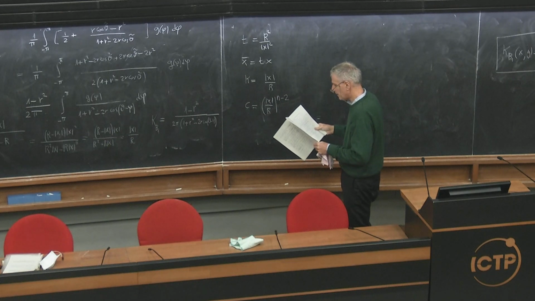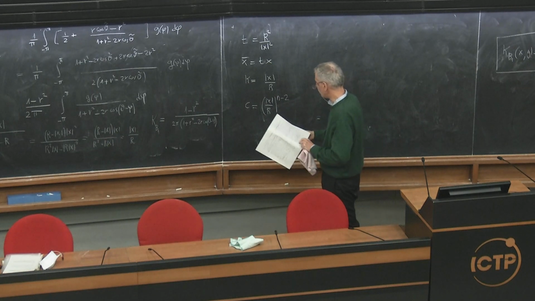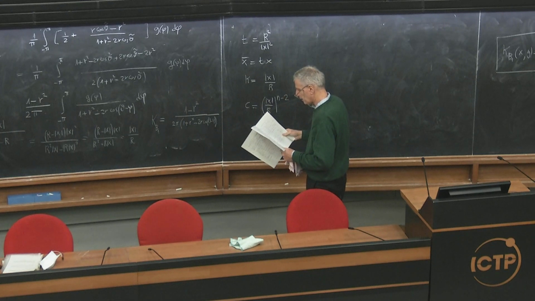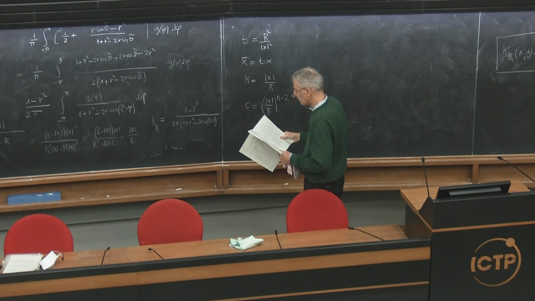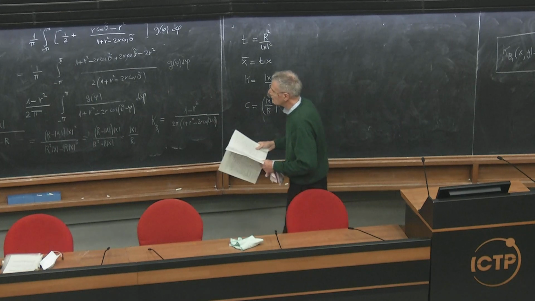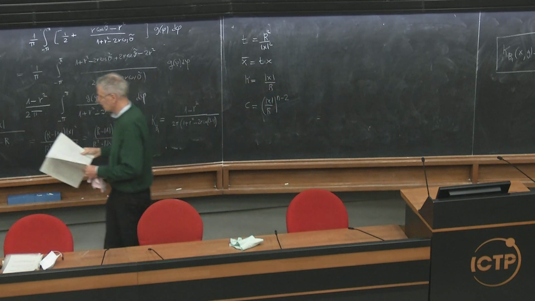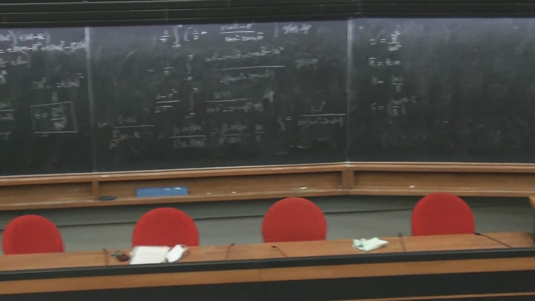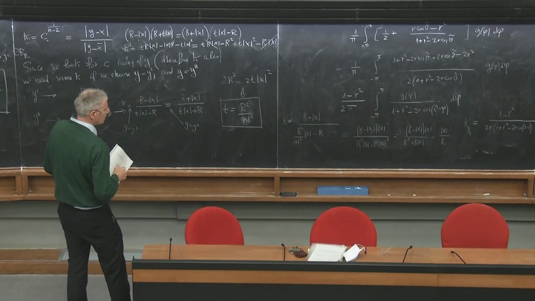Oh, I made a mistake. It seems that k is r over x again. R over x, not x over r. Why? Why did I make a mistake here? I inverted this.